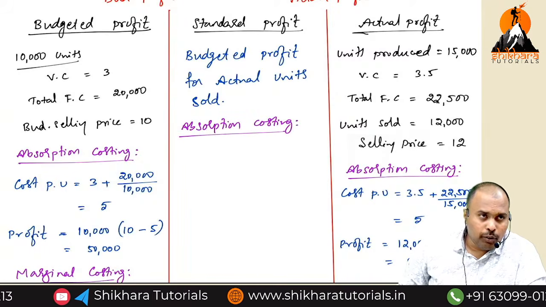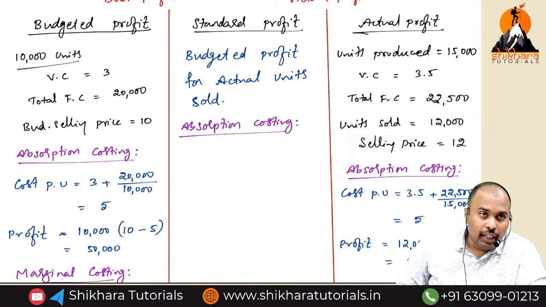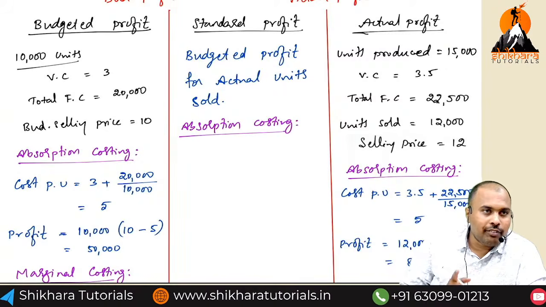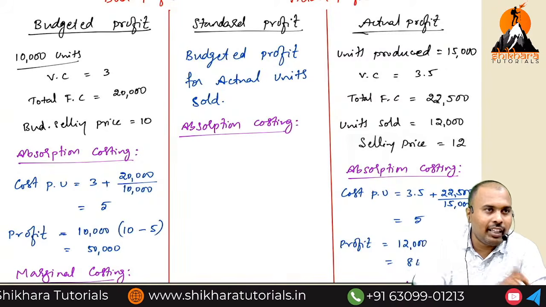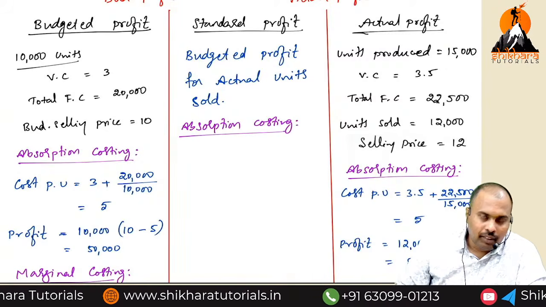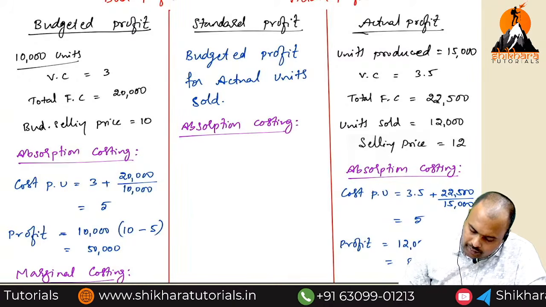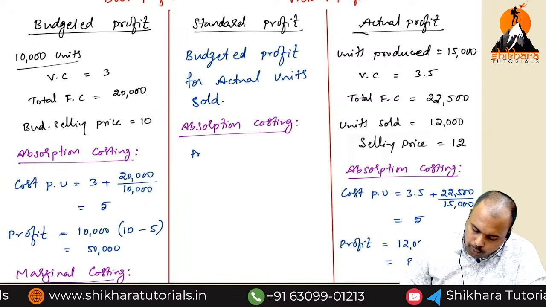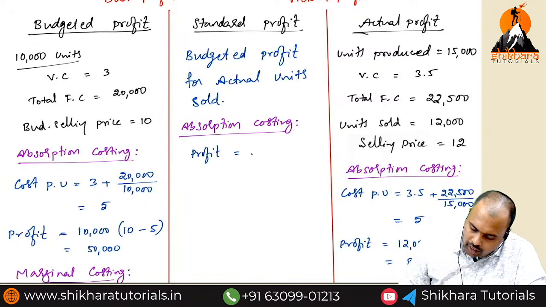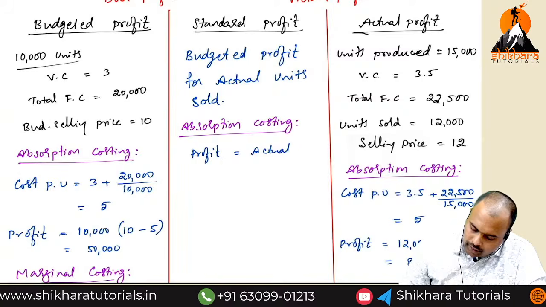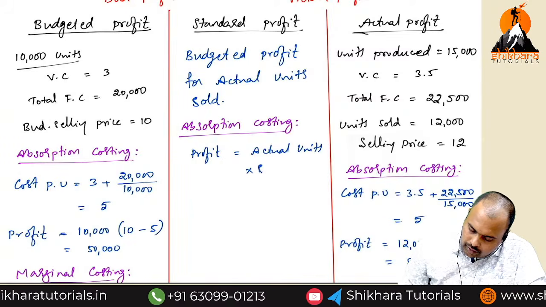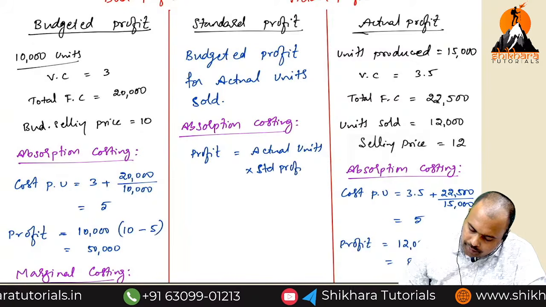Now under absorption costing, units they will take from actuals, but revenue as well as cost per unit, all the things they will take from budgets. So how many units is it? Actual units sold. So profit is equal to actual units into standard profit per unit.